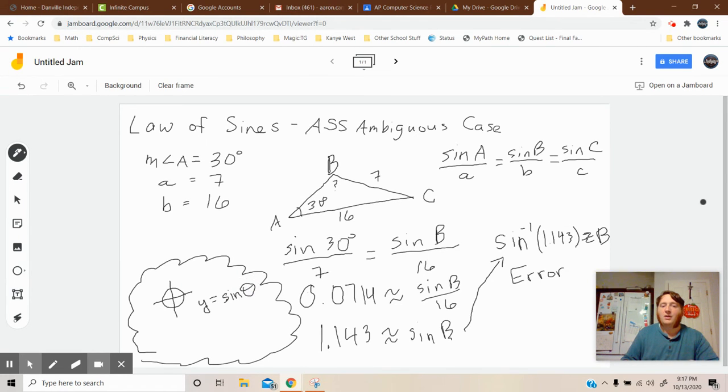So the y coordinate of the points on the unit circle would always be between -1 and 1. And since the y coordinate would always be between -1 and 1, sine of an angle is always going to be between -1 and 1. So sine of some angle being more than 1 can't happen, and that's why you get this error message.